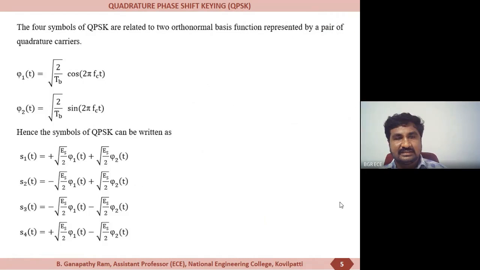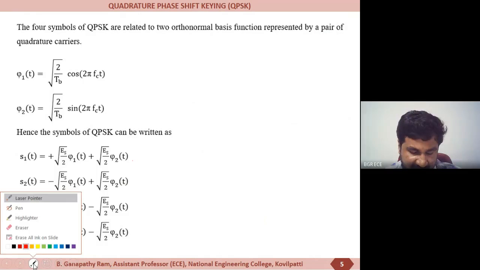Hence, the 4 symbols can be represented by S1 of t is equal to plus square root of Es by 2 phi 1 of t plus square root of Es by 2 phi 2 of t. Similarly, S2 of t is represented by the combination of phi 1 of t and phi 2 of t. All S1, S2, S3 and S4 are written with respect to phi 1 of t and phi 2 of t.